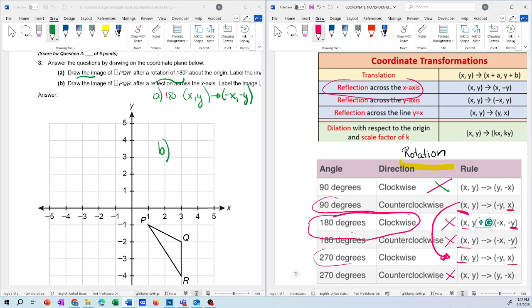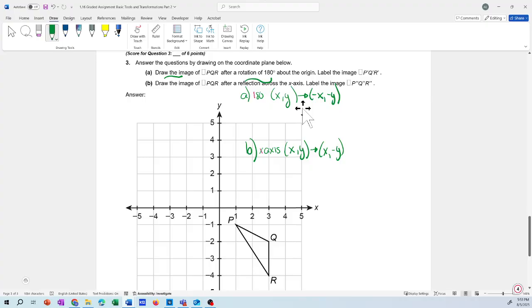Here you have it, right? (x, y) → (x, −y). Okay? So those are the rules you're going to be needing. And you're going to draw them. So the 180 is clockwise. So that means that you're going to give me the coordinates of P, Q, and R.